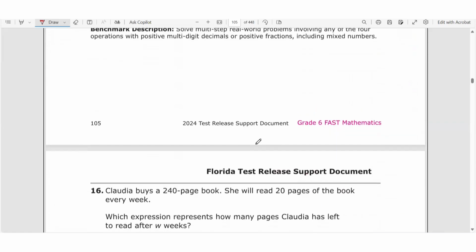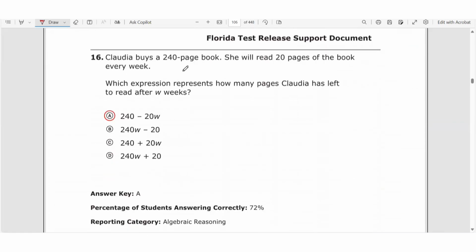All right, let us look at question 16. It says, Claudia buys a 240 page book. She will read 20 pages every week, okay? Which expression represents how many pages Claudia has left to read?